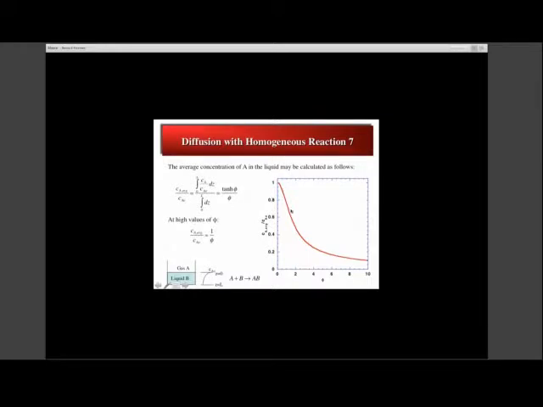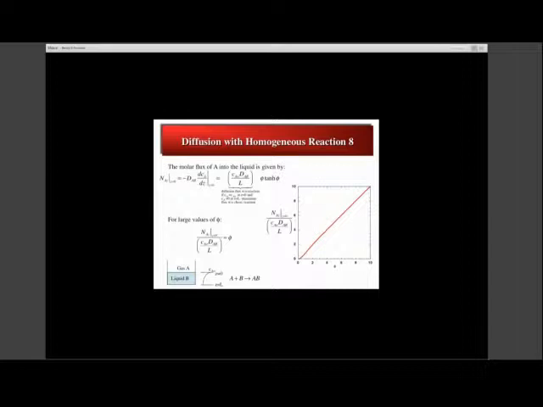That function is plotted here in the graph on the right. And at high values of the Thiele modulus, that is at fast reaction rates, this average concentration goes as 1 upon the Thiele modulus. And that's what gives you this characteristic shape to this particular curve. And as that Thiele modulus gets higher, as the reaction gets faster, then the average concentration of A drops because it's being consumed by chemical reaction.